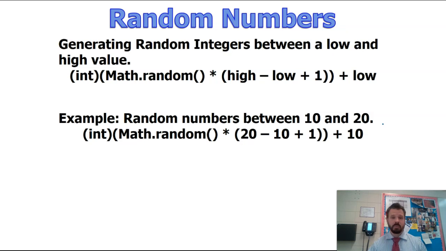Okay, so for example, if I want random numbers between 10 and 20, I'll do this. So kind of work this out like a math equation again. Int times math.random, which will give us the 0 to 1. And then times, when I go 20, so the high minus the low plus 1, that'll be an 11.